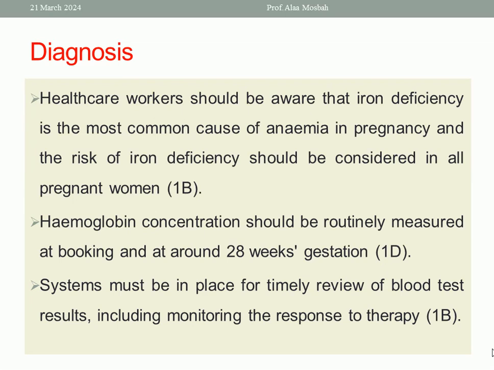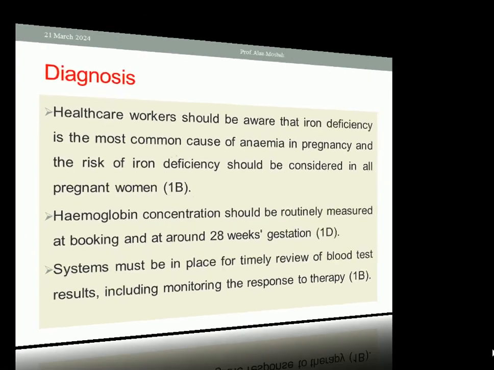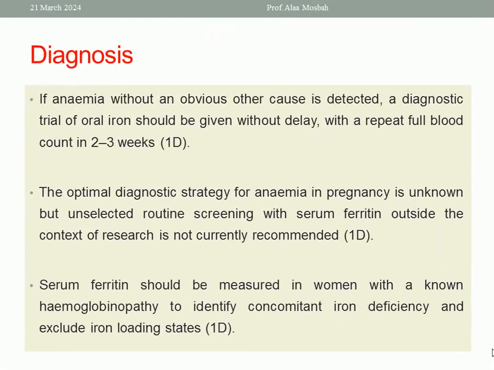Systems must be in place for timely review of blood test results, including monitoring the response to therapy. If anemia without an obvious other cause is detected, a diagnostic trial of oral iron should be given without delay, with a repeat full blood count in 2 to 3 weeks.